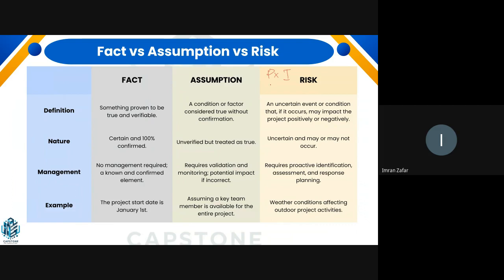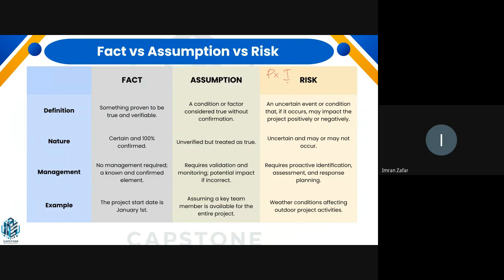The higher the probability, the higher the level at which we categorize that risk, and if we foresee it as a high impact thing, then again we will classify it as a higher kind of risk. And risk can be positive or negative as well. Positive risks become an opportunity, negative risks become a threat. So risk is something that is uncertain, and it may or may not occur.